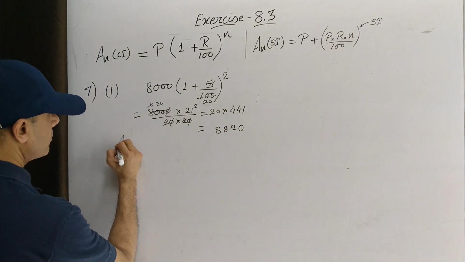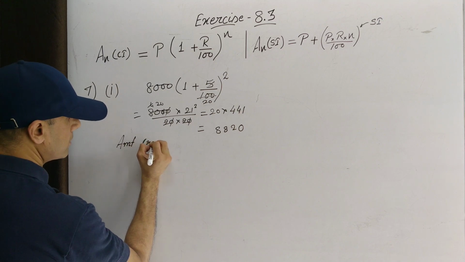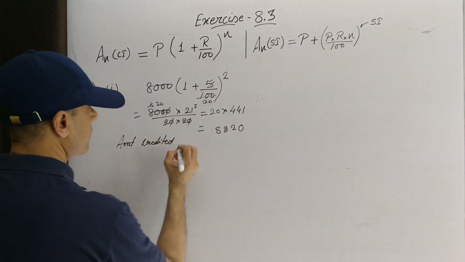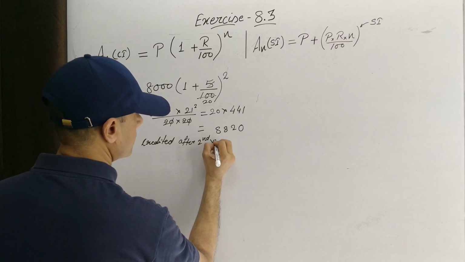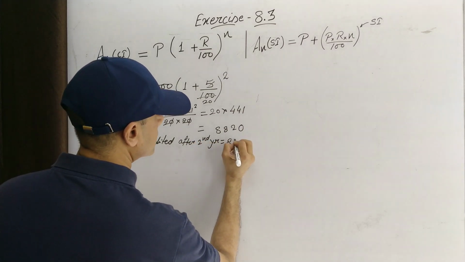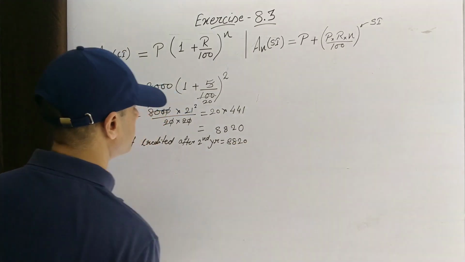So amount credited after second year is equal to 8,820 rupees.